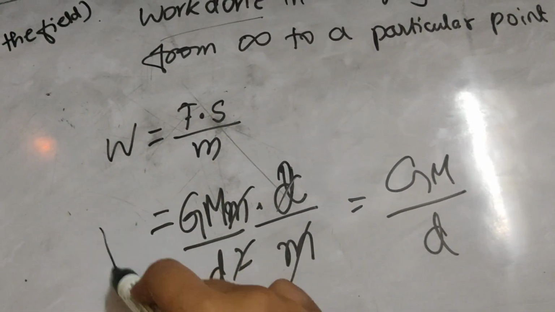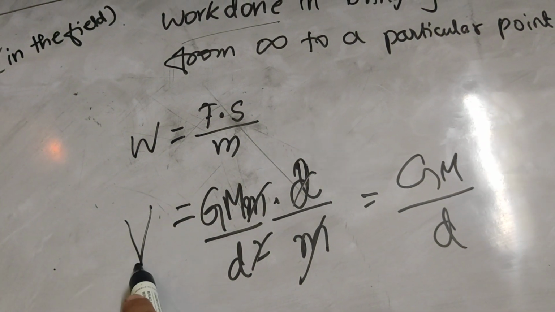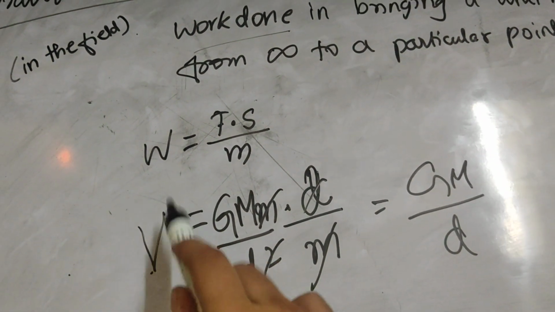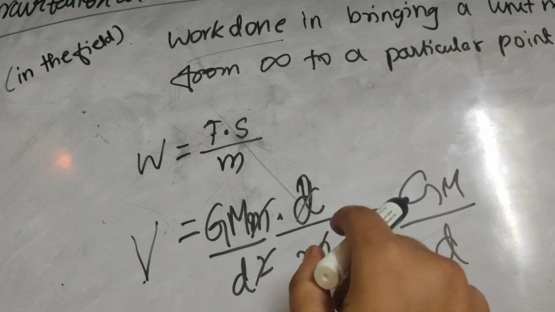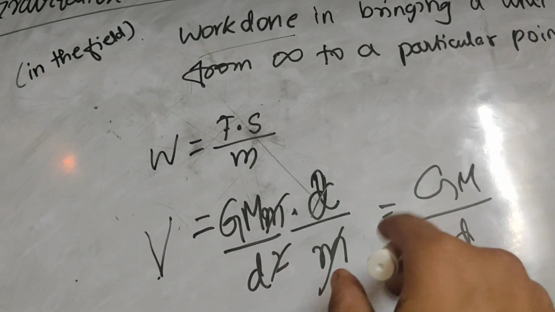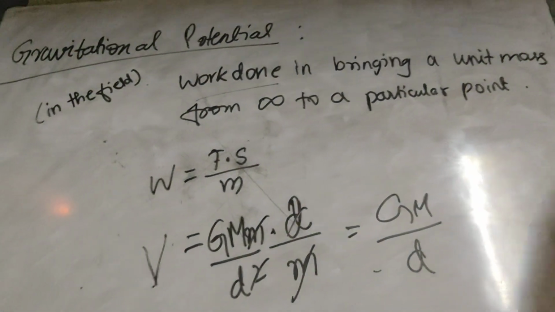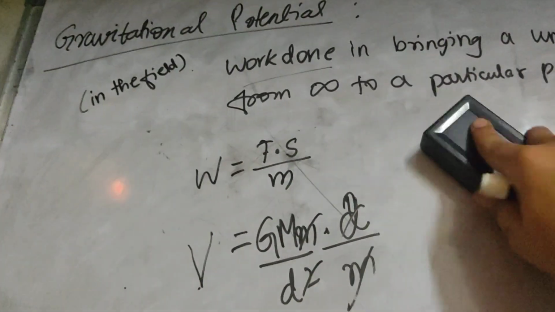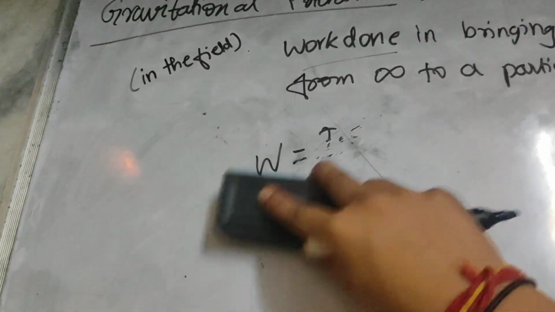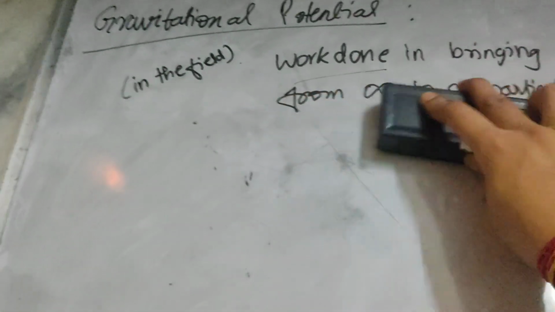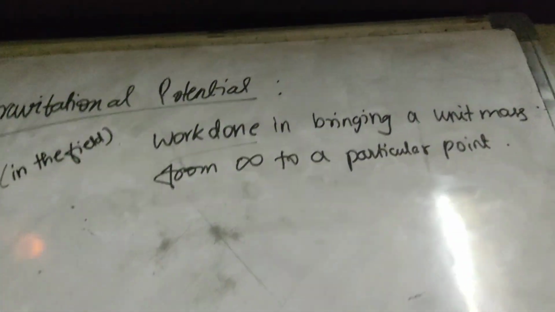So this is your gravitational potential. We will indicate it with letter V, which is equal to G into mass upon d, the distance to which you are bringing it. It is a scalar quantity. Okay, easy.